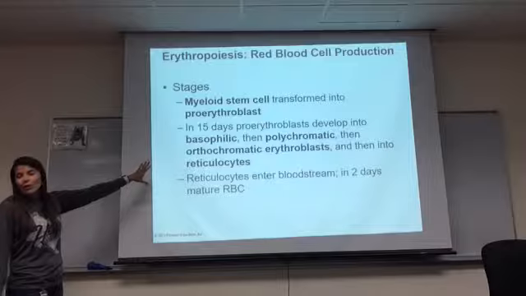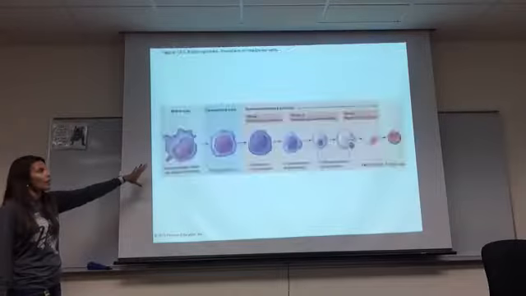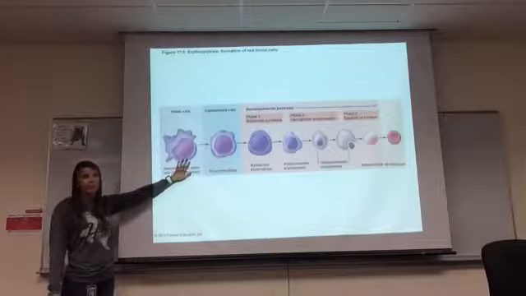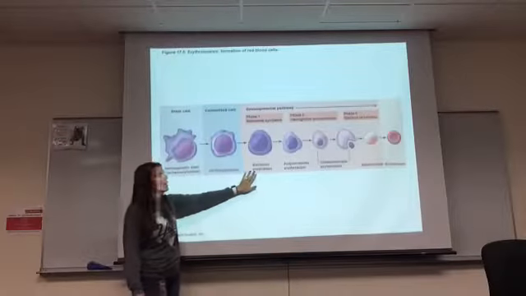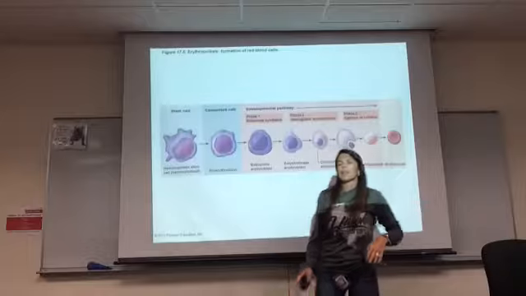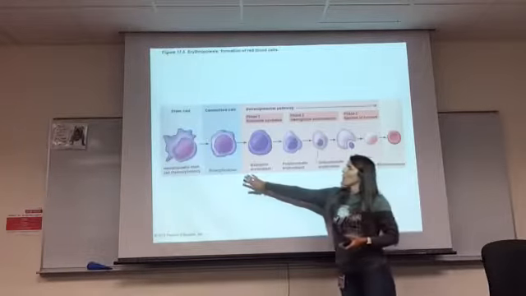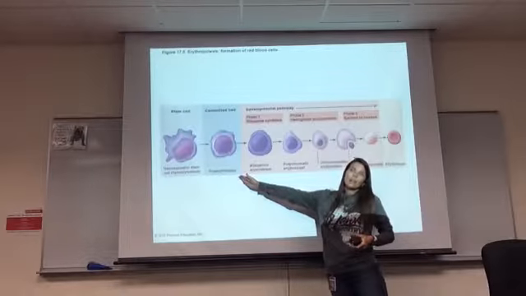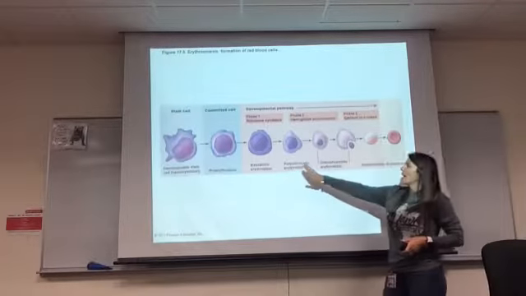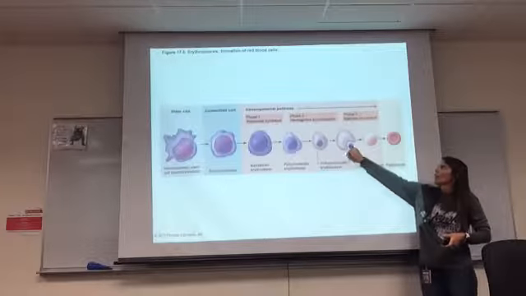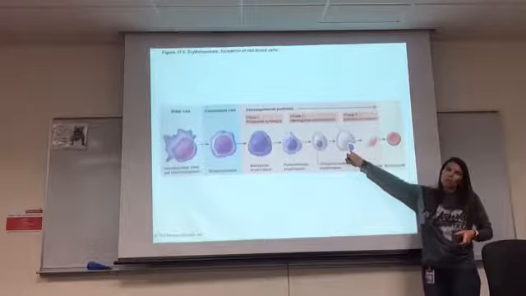And this gives you the stages in words. I like to use the diagram, so here's the diagram of it. We start off with the stem cell. And we go through a differentiation process. This is the maturation process of a red blood cell. And it's showing you, at this point, it's committed to becoming a red blood cell. And it continues to go through the divisions. And at this point, look at what it's doing.